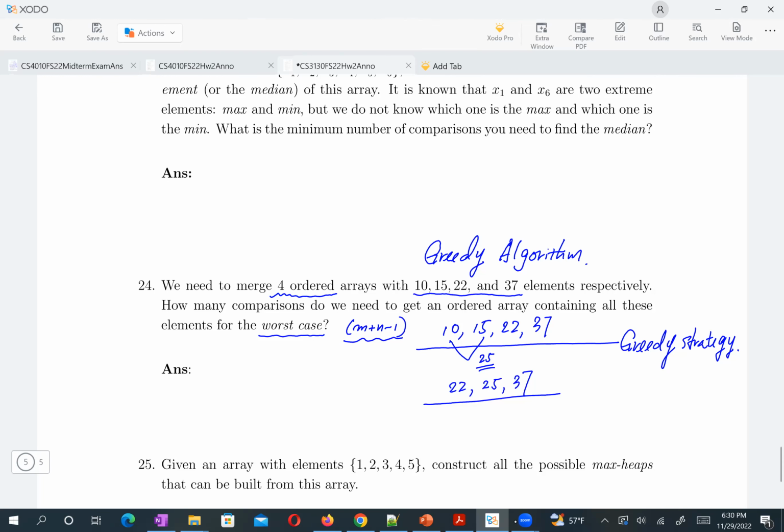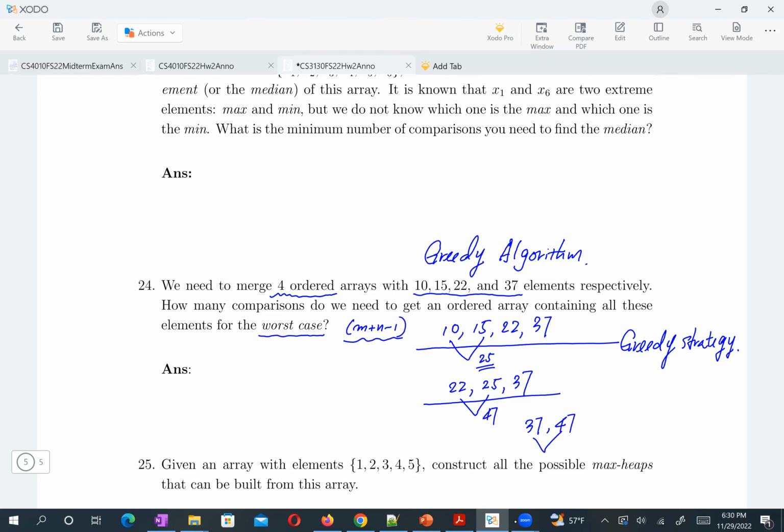This time you apply the greedy strategy again: merge the 2 arrays with the minimum sizes, 22 and 25, and you have 47 elements. After that, you only have 2 arrays, then you merge the last time. That's the greedy algorithm.